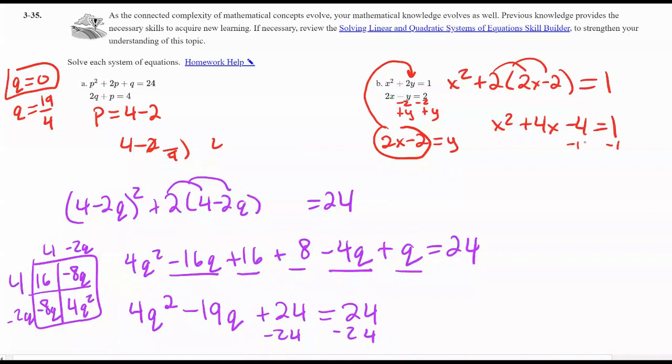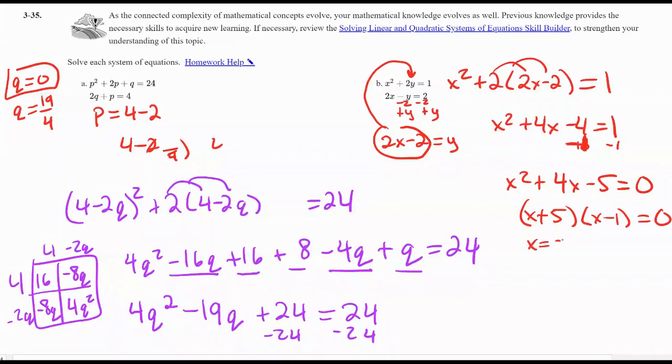But I want to solve and set this equal to 0. So I'm going to subtract 1 here and get x squared plus 4x minus 5. Now I will factor this, and if I factor this correctly, I should get (x plus 5)(x minus 1).